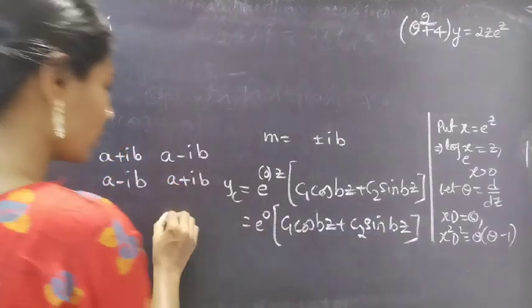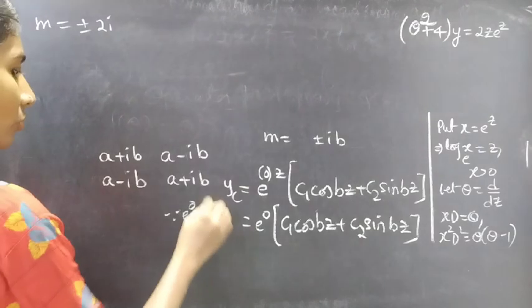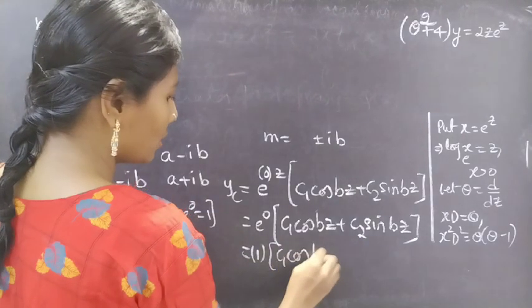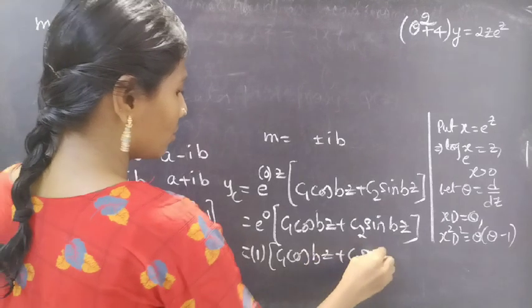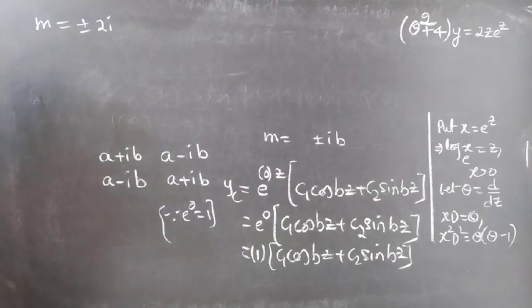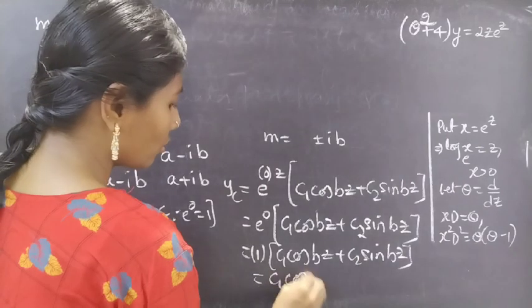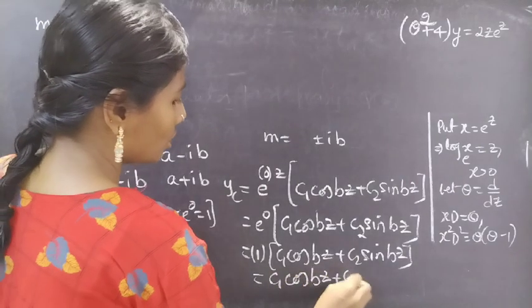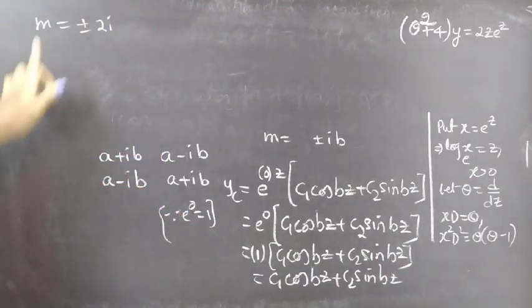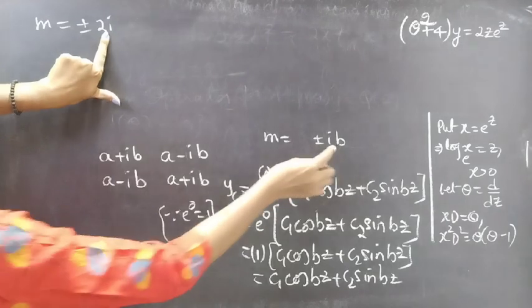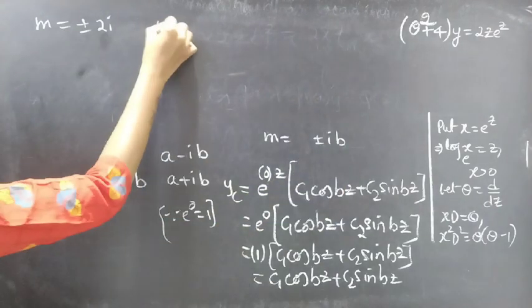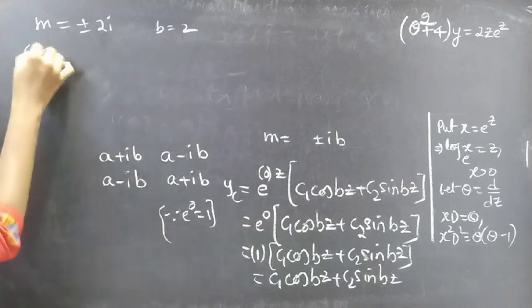Since e^0 is 1, we'll get 1 into (C1 cos bz plus C2 sin bz), which is C1 cos bz plus C2 sin bz. Now, compare plus or minus 2i with plus or minus ib. Then b equals 2.